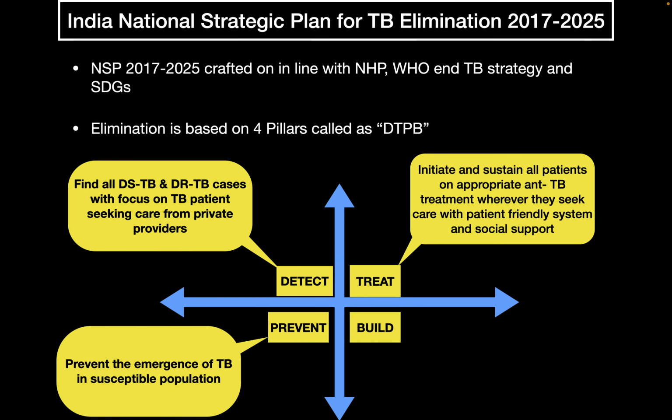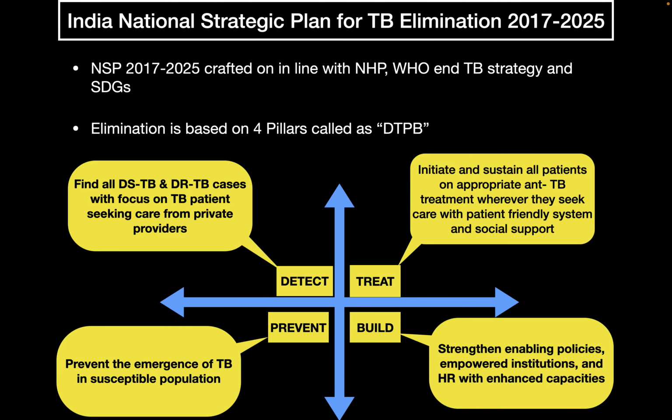We also need to prevent the emergence of TB in the susceptible population, and we need to provide enabling policies. We need to strengthen institutions. Nowadays, medical colleges are also involved in the TB elimination program, and they are having core committee meetings on a regular basis. The government is trying to rope in medical colleges, private players, everyone, and the training of human resources with enhanced capacity is also very important.